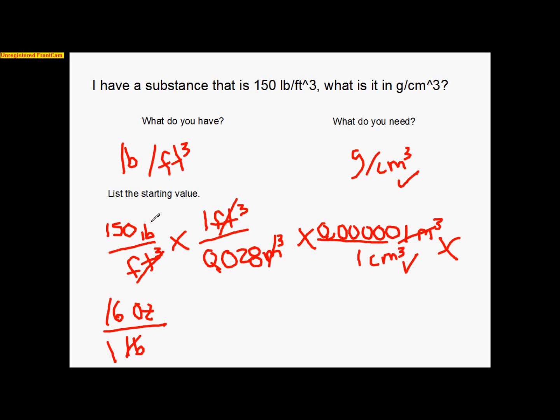Okay, so now I've got ounces per cubic centimeter, and I know that there are 28.35 grams per 1 ounce. Okay, so, look at that. I have grams per cubic centimeter.